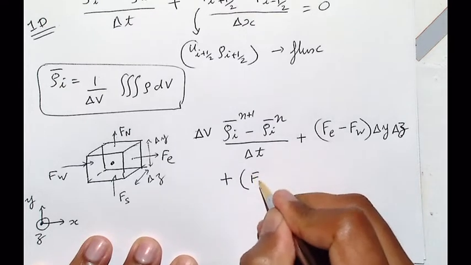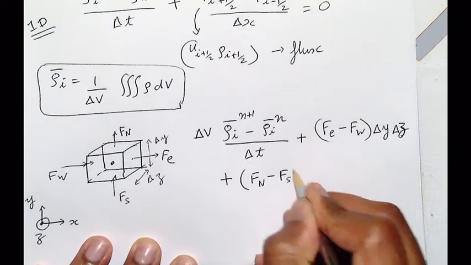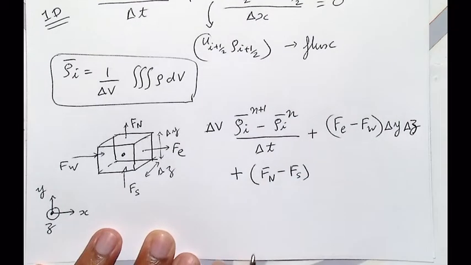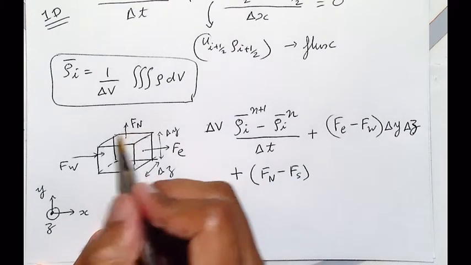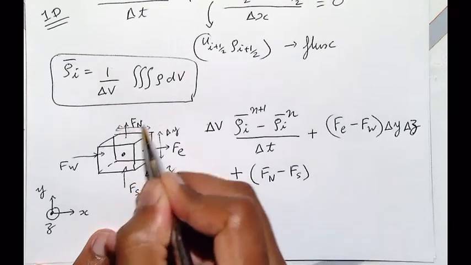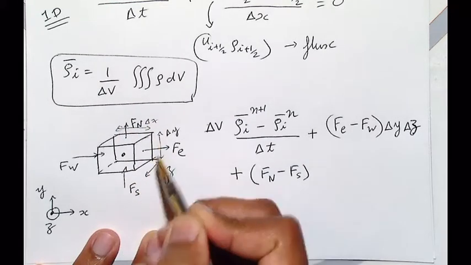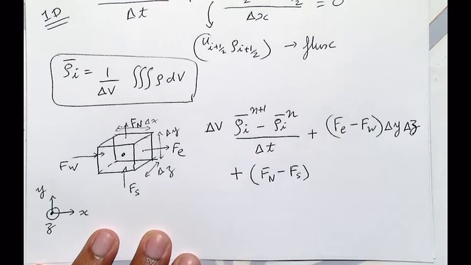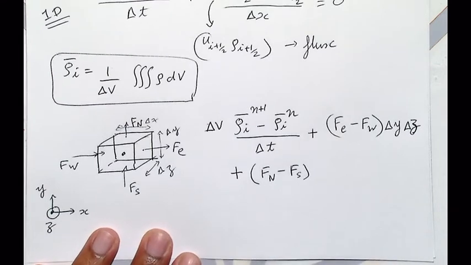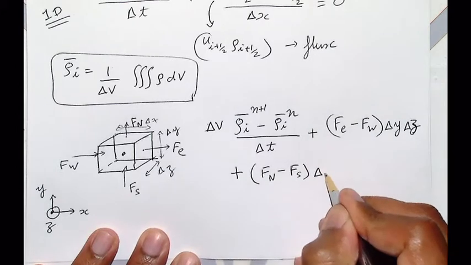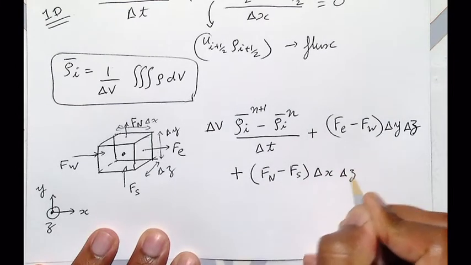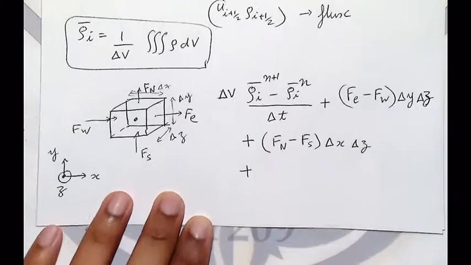Okay, so flux north minus flux south, and delta x times delta z, because this is delta x and this is delta z.